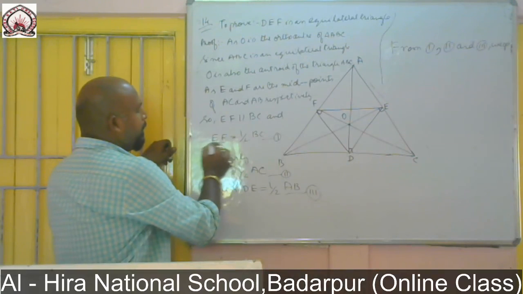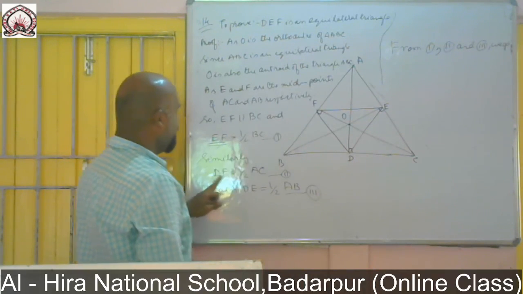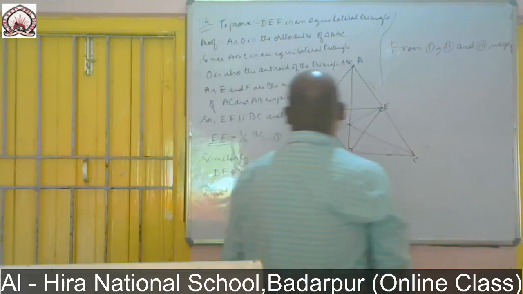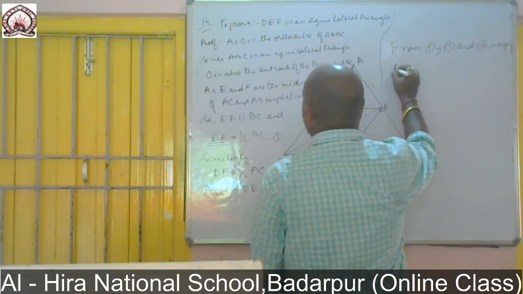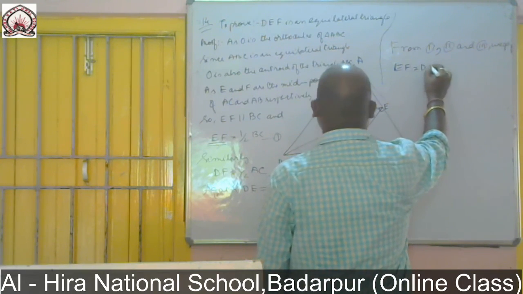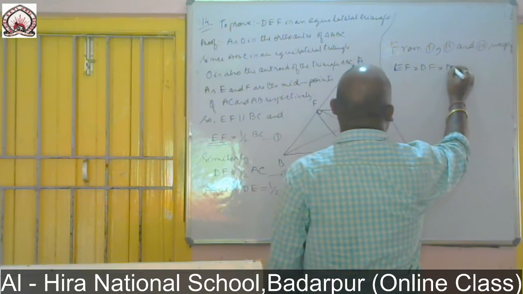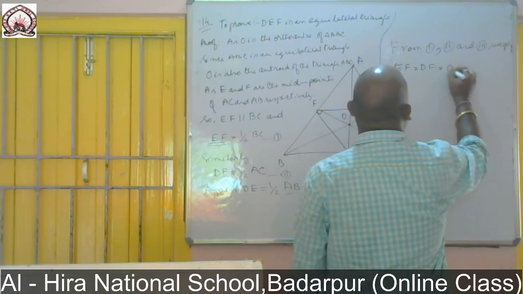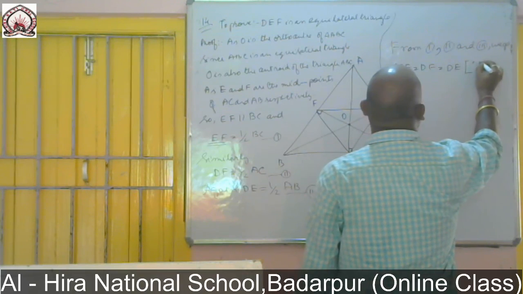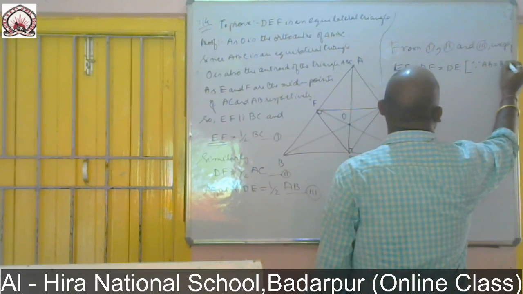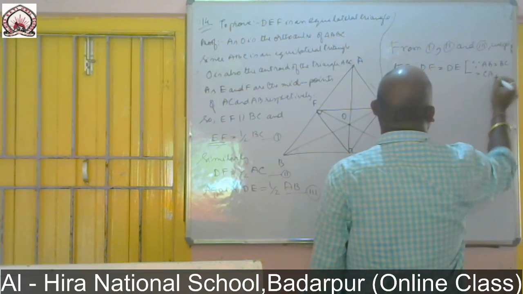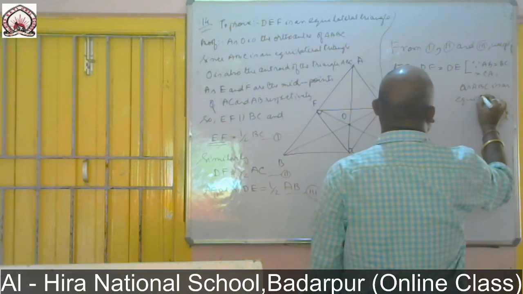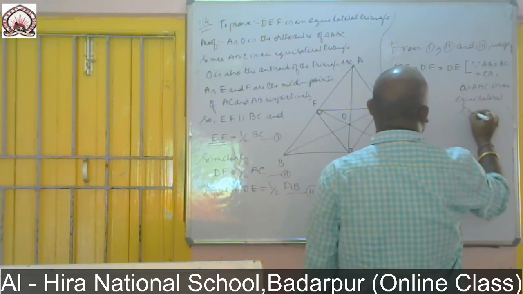See, EF is equal to half of BC, DF equal to half of AC, and DE equal to half of AB. From 1, 2 and 3 we are getting DE equal to DF equal to EF, since AB equals BC equals CA, as ABC is an equilateral triangle.